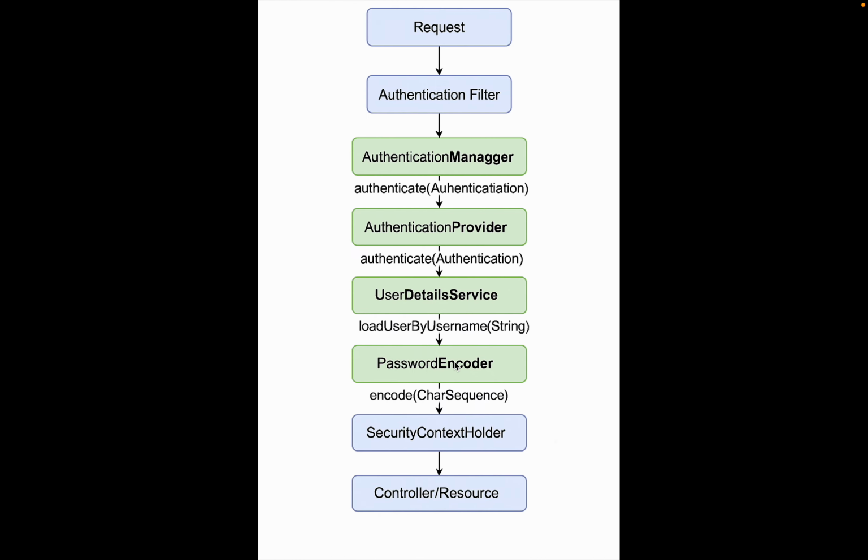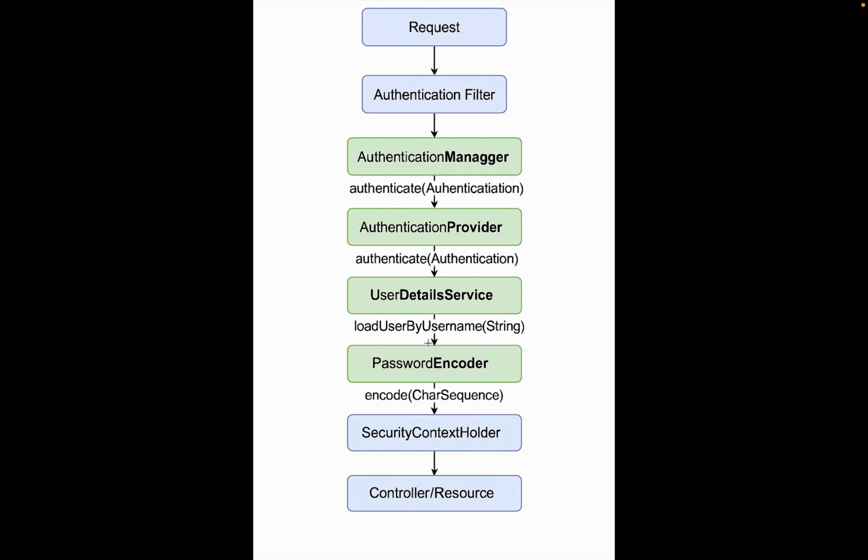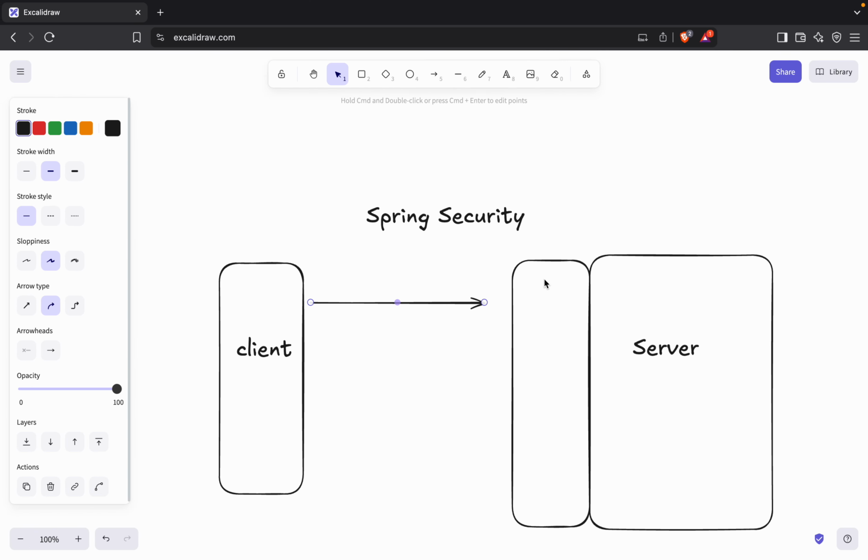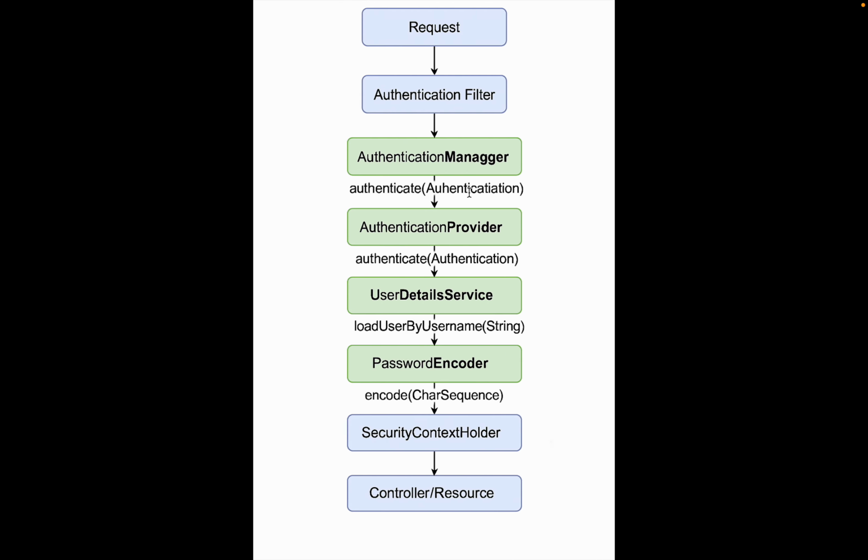So to go right in, this is a pictorial flow of all the processes, events, and channels this logic passes through. When a request comes in, remember I said we have some security filter chains, and one of them is the authentication filter. The authentication filter checks if the current request has some authentication token.